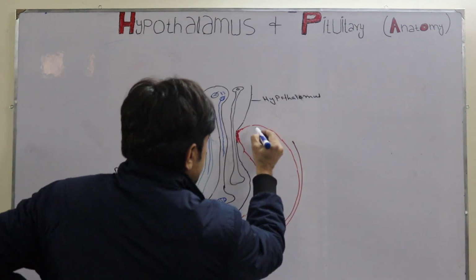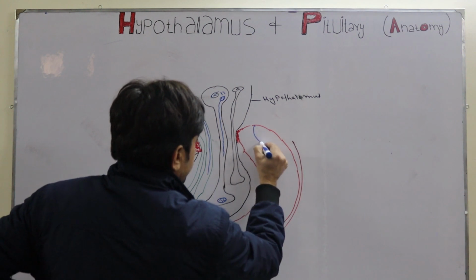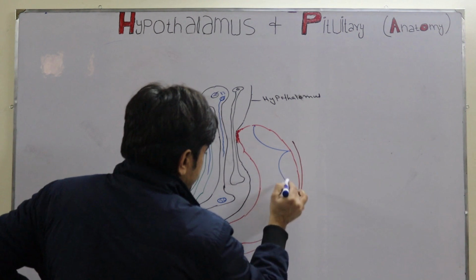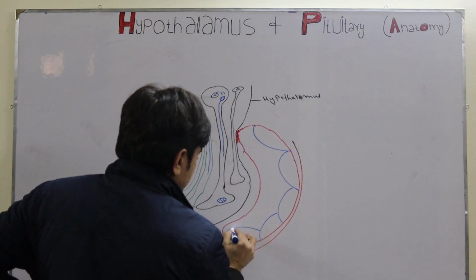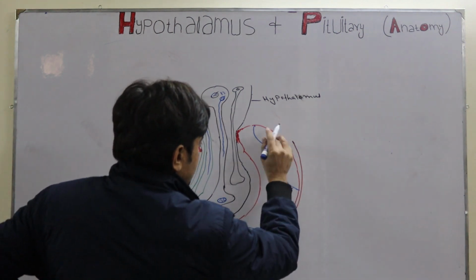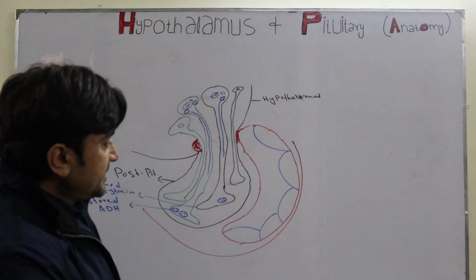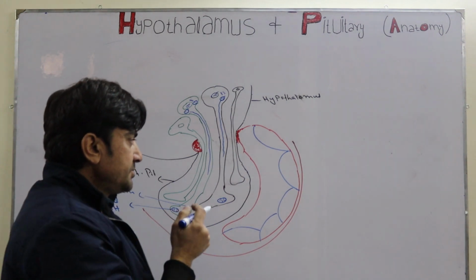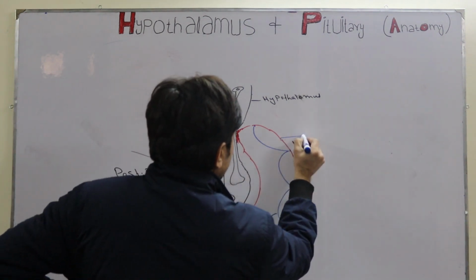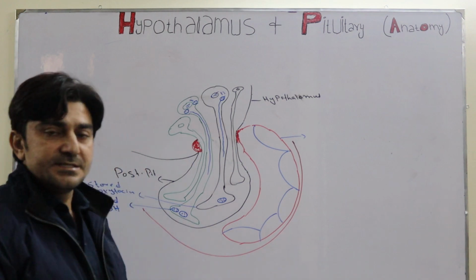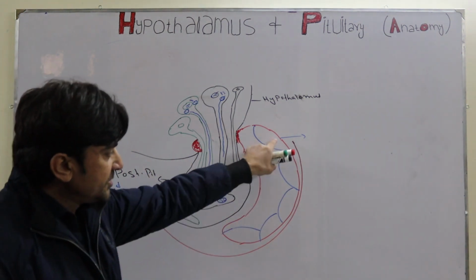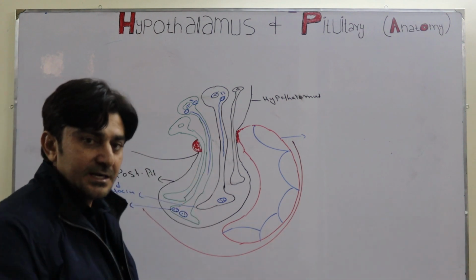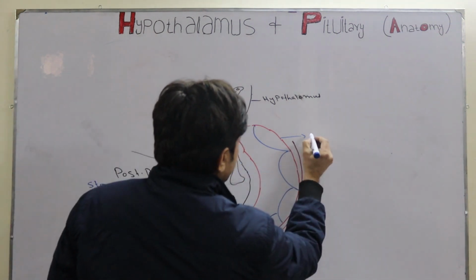So there are specific groups of cells in the anterior pituitary. As I talked about in my previous lecture, the anterior pituitary produces and secretes which hormones? For example, this TSH. The cells which produce and secrete TSH hormone are called thyrotrophs.